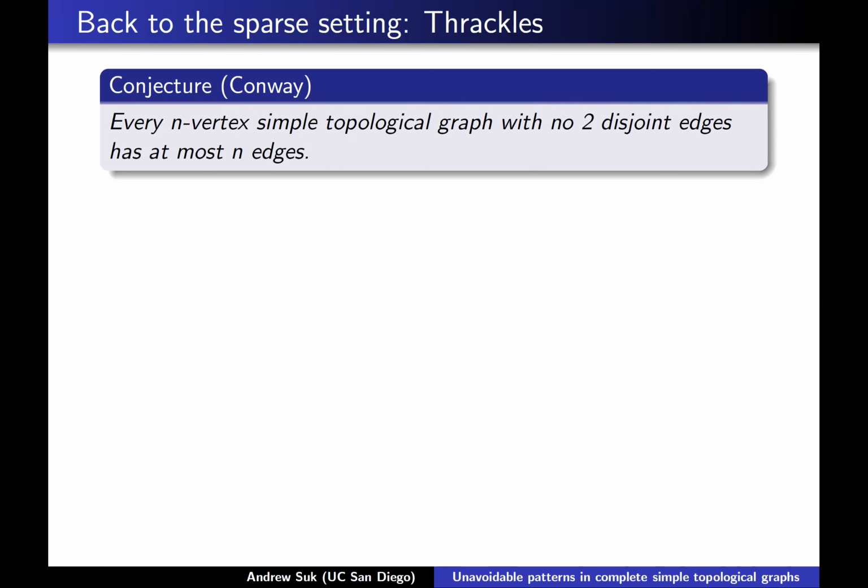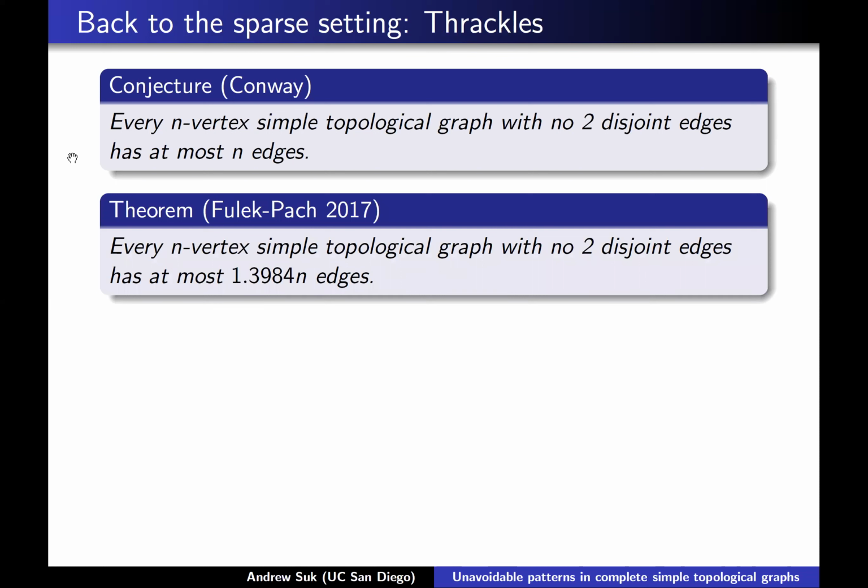And so a linear upper bound is known on the number of edges in a thrackle, but whether it's 1 times n is still open. And I believe as of today, the best known upper bound for this thrackle conjecture is due to Fulek and Pach, who showed this 1.39 times n upper bound on the number of edges.